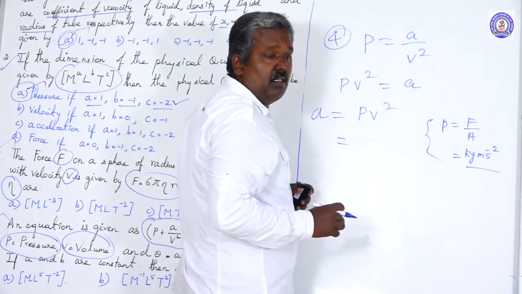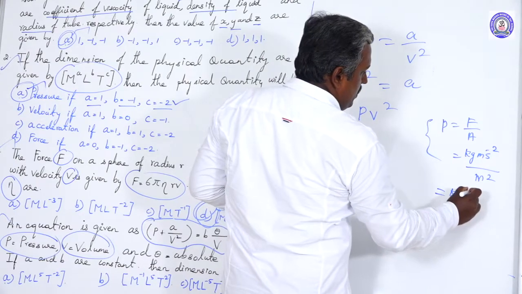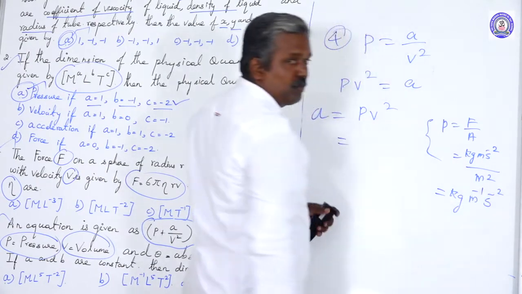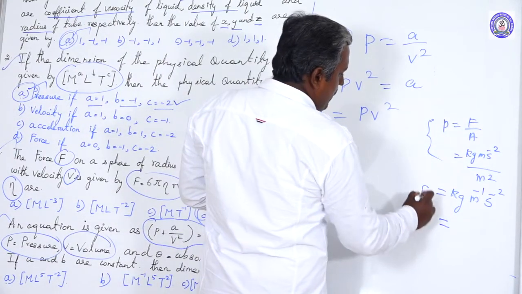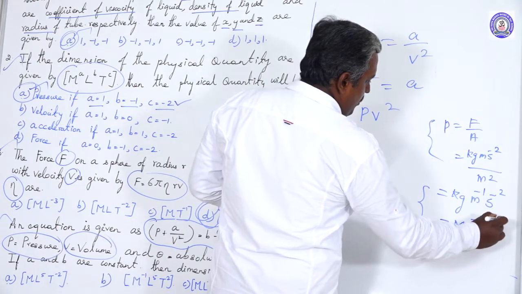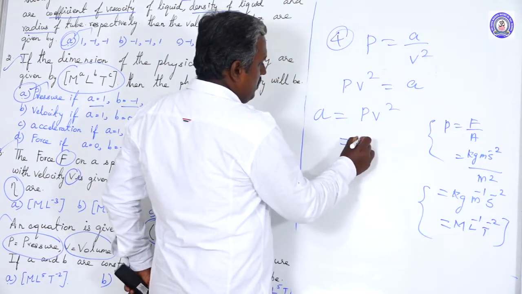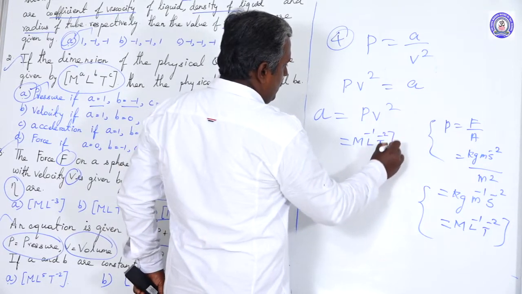Unit for area, meter square. Therefore, kilogram, m power minus 1, s power minus 2. Correct? So the dimensional formula for this is M L power minus 1 T power minus 2.